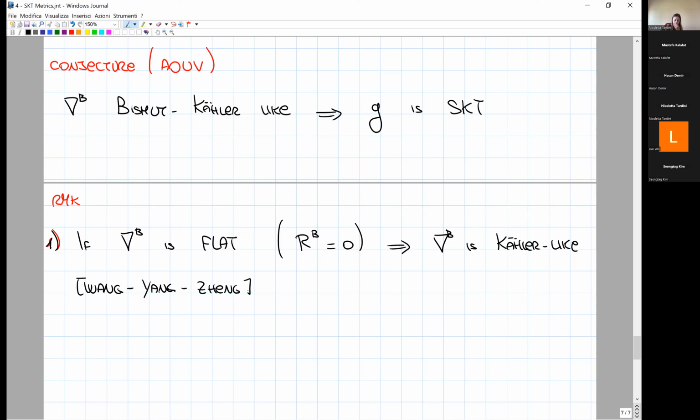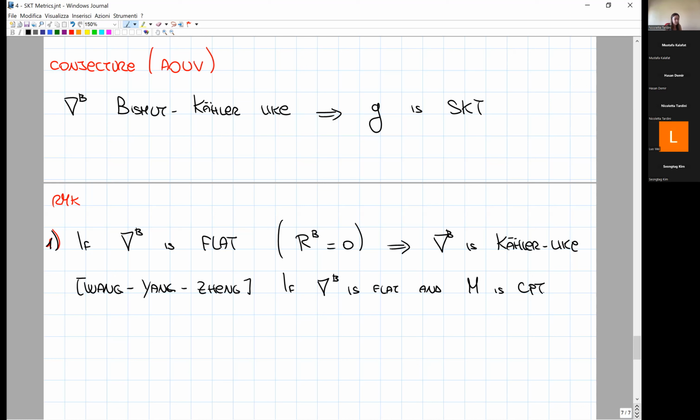studied Bismuth flat metrics. So if nabla B is flat and M is compact, so I'm not assuming compactness today, okay? So in general.